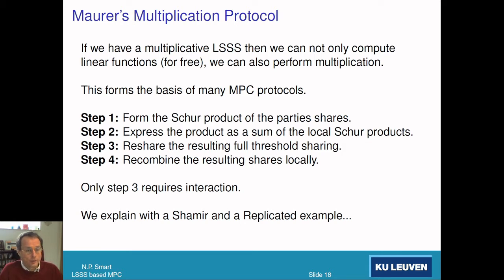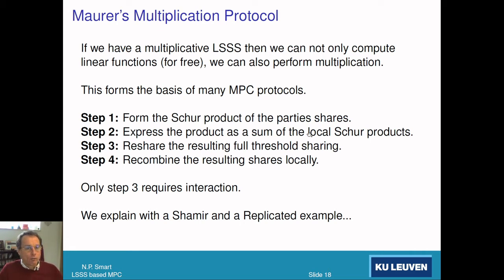So what do we do? Well, step one is we form the Schur product of the parties' shares. Now remember, we know that the product is a linear combination of the things in that Schur product. So we express the product as a sum of the local Schur products. We might have to take a subset of them.